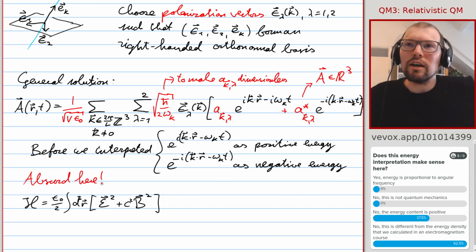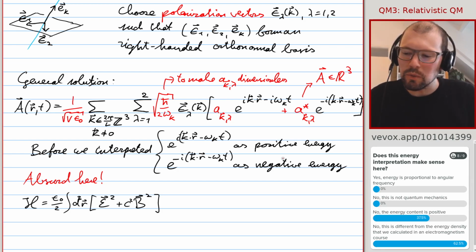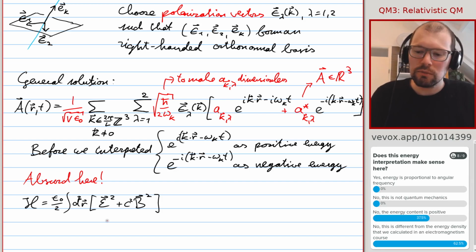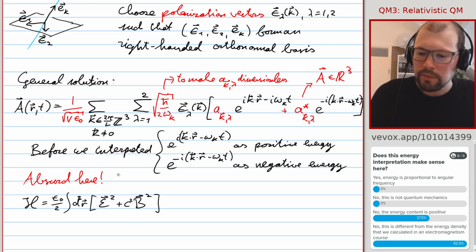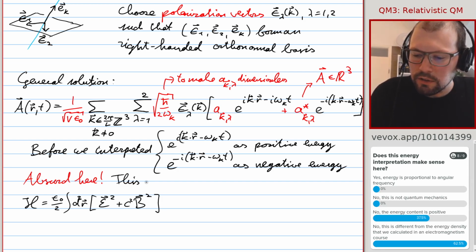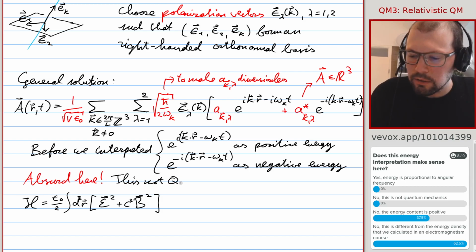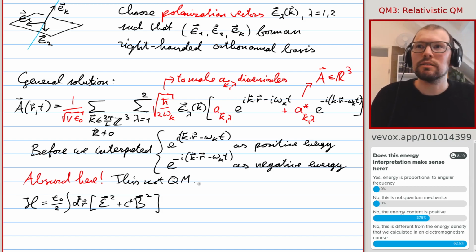Because we have a perfectly well-defined definition of what energy is in this classical setting. And it's not the one that we assigned a negative one to this particular plane wave solution. No, it's just given by this explicit expression here. So this is not quantum mechanics yet.